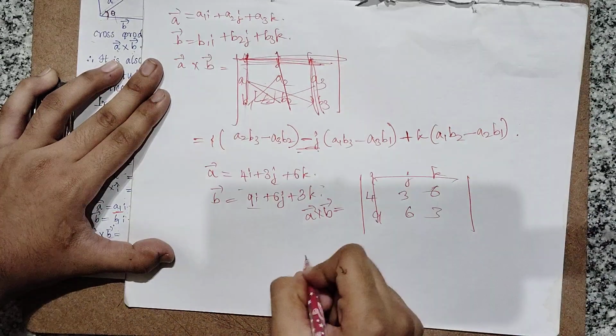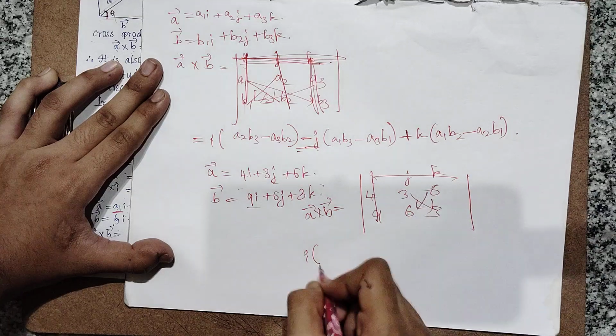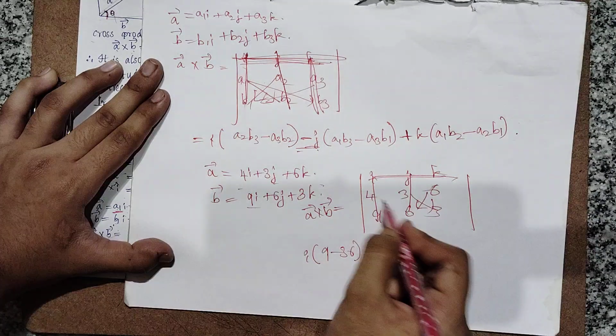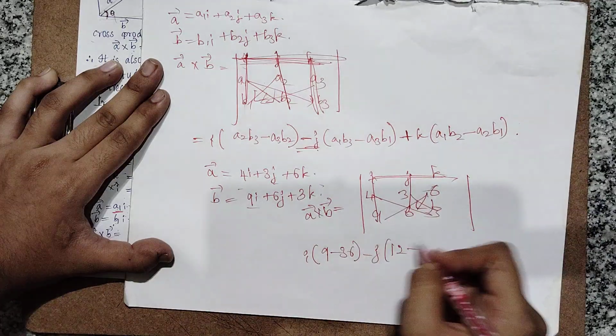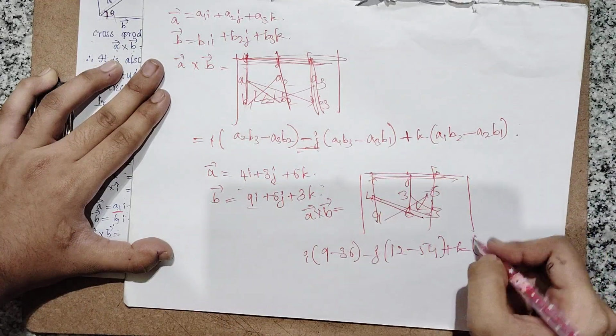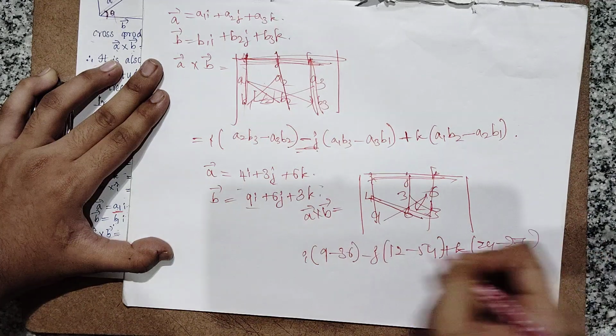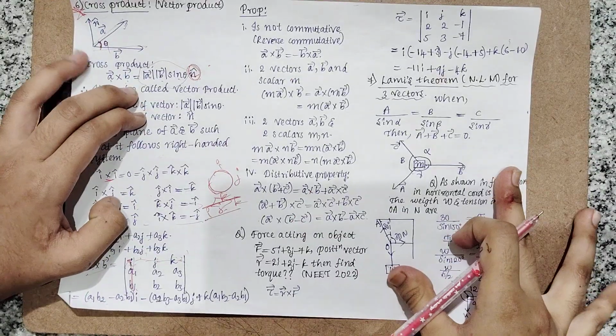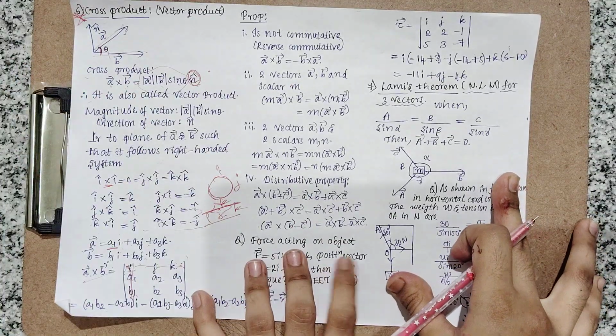Now close this: I into 3 3s are 9 minus 6 6s are 36, minus J into 4 3s are 12 minus 9 6s are 54, plus K into 4 6s are 24 minus 9 3s are 27. And by solving this, you get your cross product. In such a way you calculate the cross product.